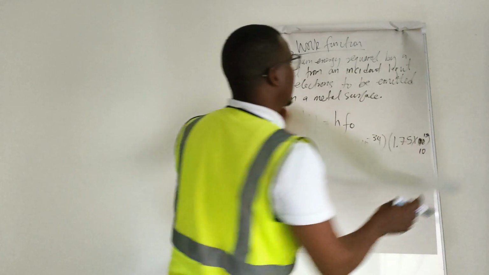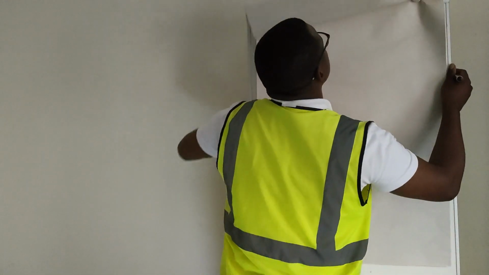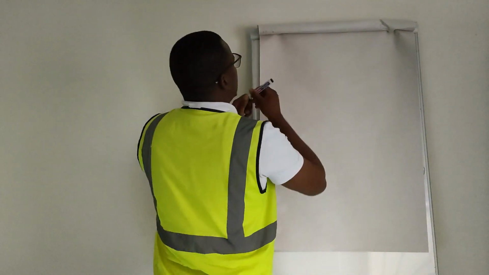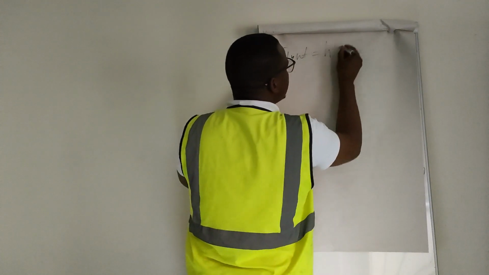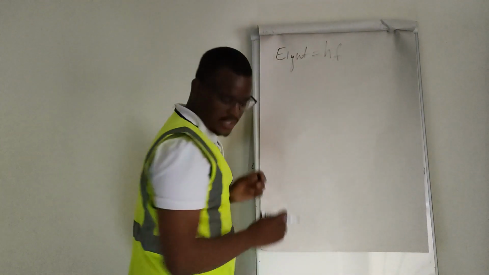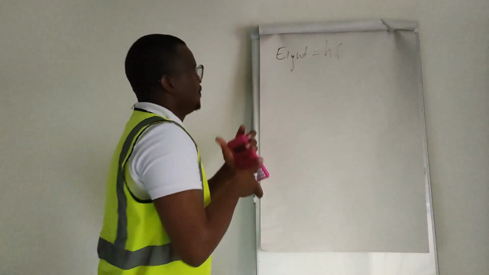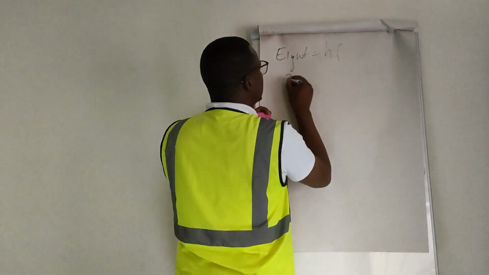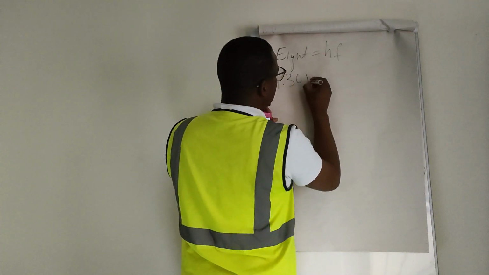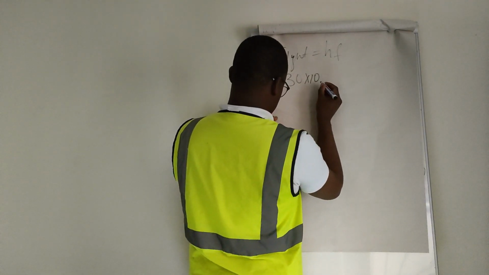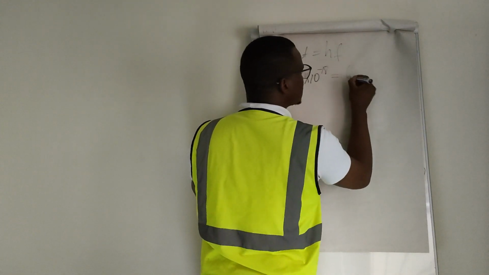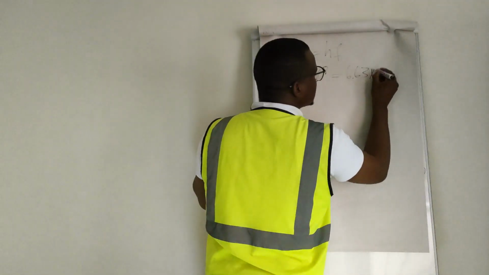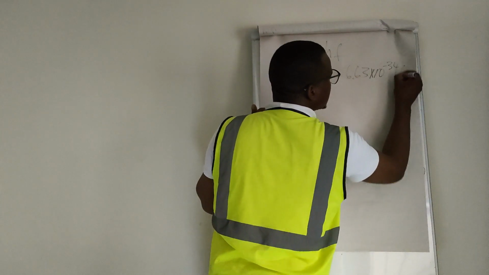So to do this, we say, okay, the energy of a light is equal to hf. We have 1.30 times 10 to the power minus 18 equal to hf, which is 6.63 times 10 to the power minus 34 times f.